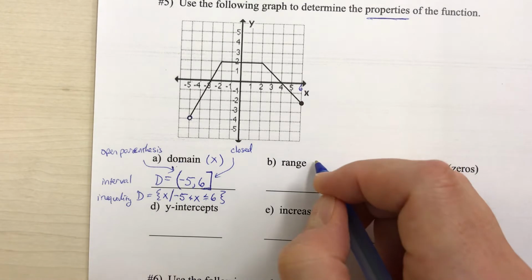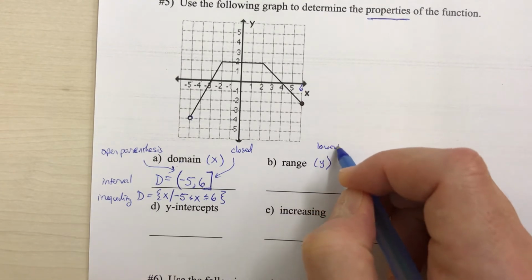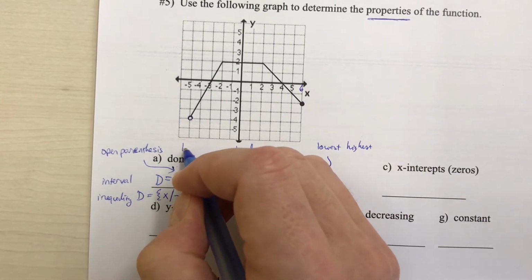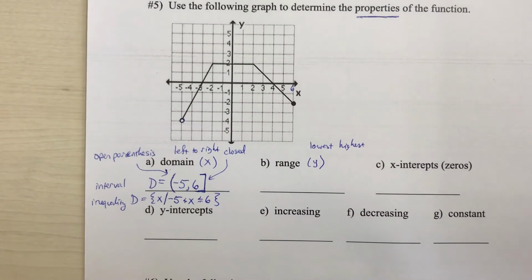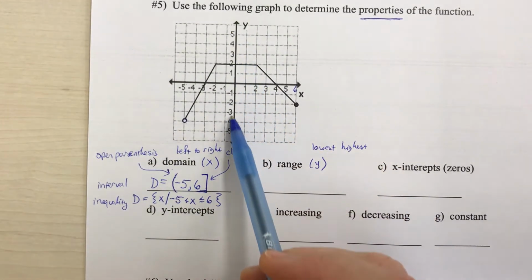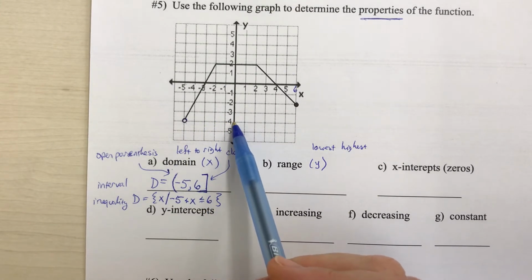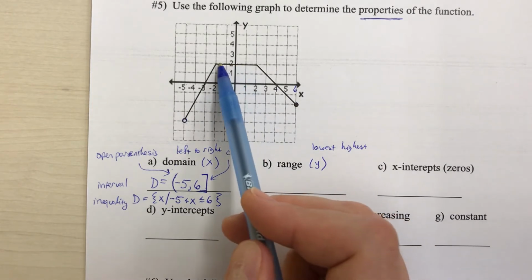The range is the y values. So now we're thinking lowest to highest. Domain is left to right. Lowest to highest. Okay, so our lowest value is here. The y value, because it's range, is -4. And then the highest value is here, which is +2.